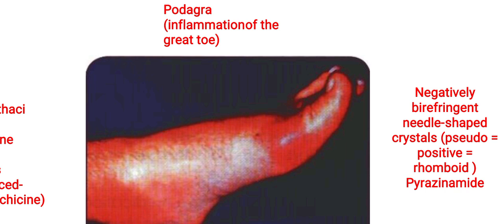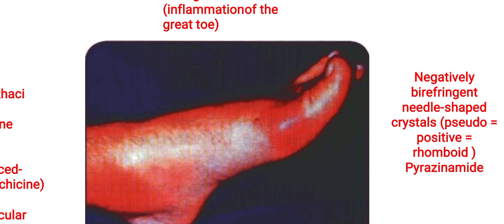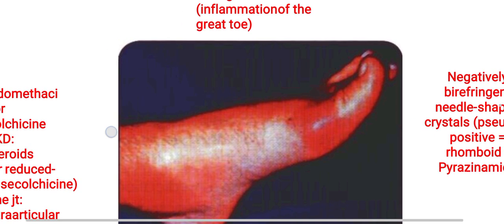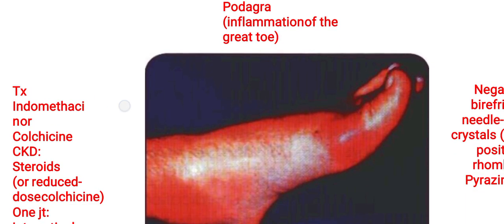In the question, if they have mentioned negative birefringent needle-shaped crystals, that is gout, and if it is positive rhomboid crystals, then it is pseudo gout. So this is the case of gout.